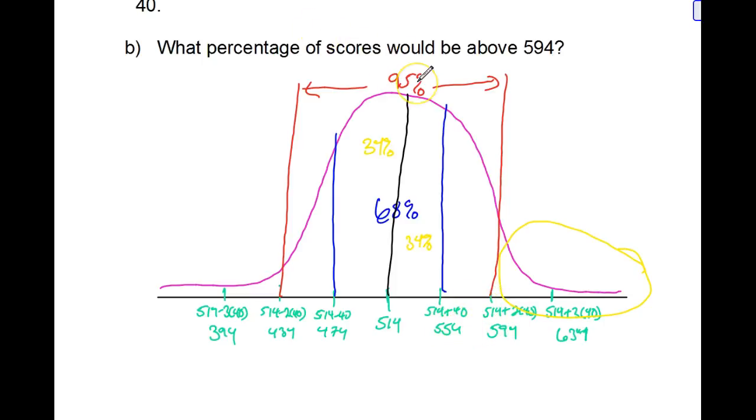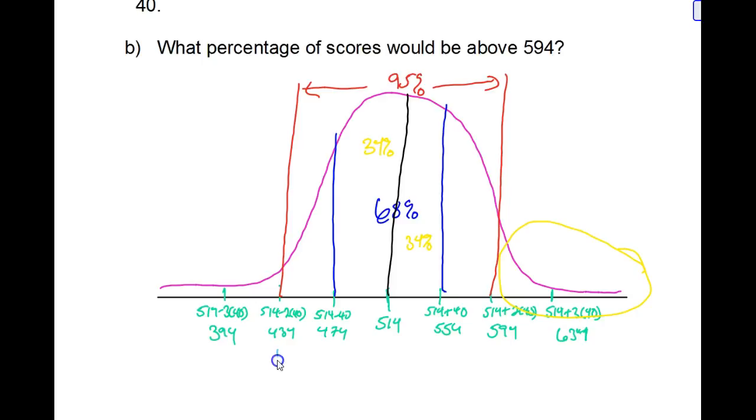I can do the same thing with the 95. 47.5% is between 514 and 434. That doesn't mean this little bitty portion is 47.5. That means this entire side here is 47.5.